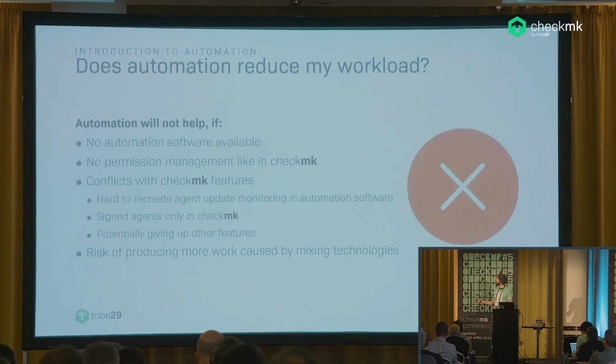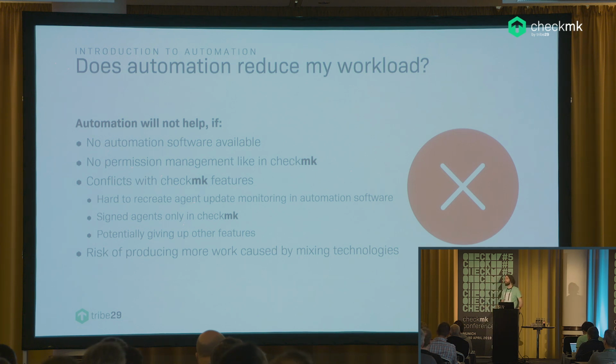And that's also true specifically for the agent updater, for example, where first of all you think, okay, this is a competitive feature, and at the end of the day, it is, but it's just very difficult to show in Ansible that the agent updater monitors itself. That is something that's included straight away.